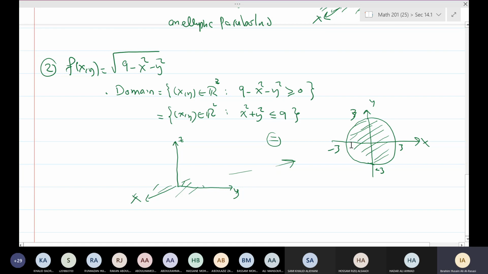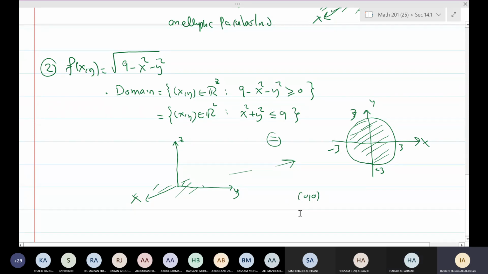Now with less than or greater than, it will be either inside or outside. If you are in doubt whether it is inside or outside, what should you do? Choose any value, for example the origin 0, 0. Is it in the domain or not? I check the inequality.